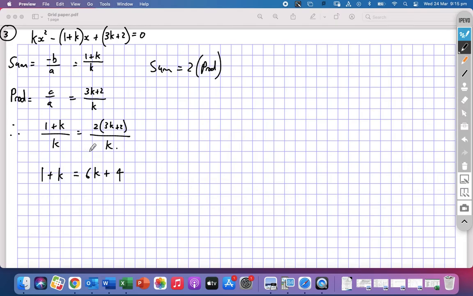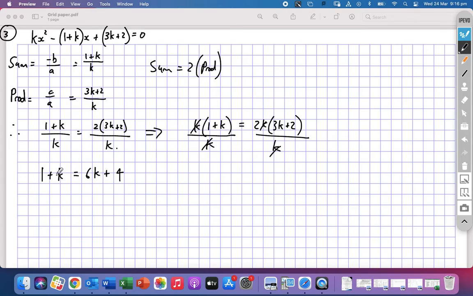Now, let's say we multiply both sides by k, maybe just in case we lose the solution. 2 times 3k plus 2, right? So we've done that.